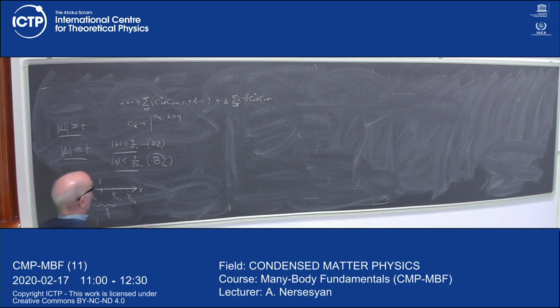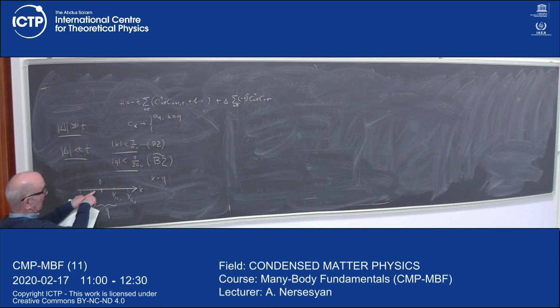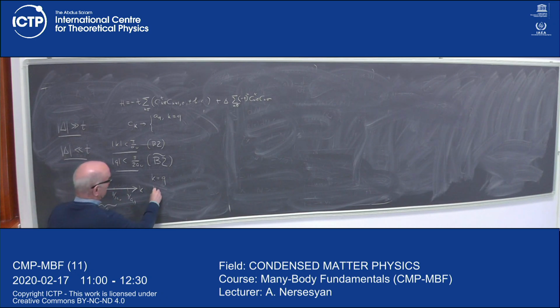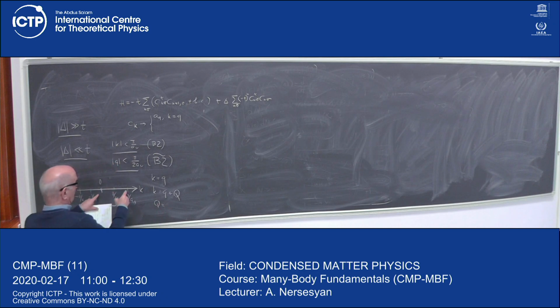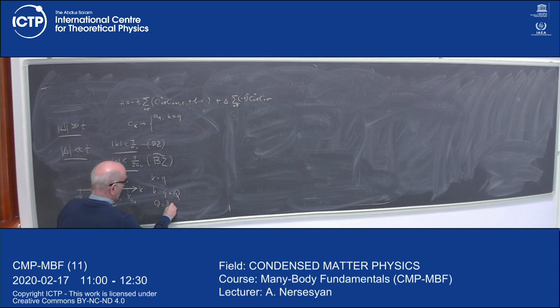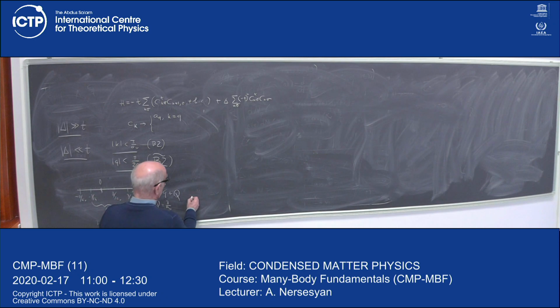And then either k is equal to q, in case when k is somewhere inside this zone, or if k is outside, I can always represent it as q plus Q large, where Q large is just this distance, one half of the reciprocal lattice vector, or the perfect nesting vector, because this is an important part of the story.